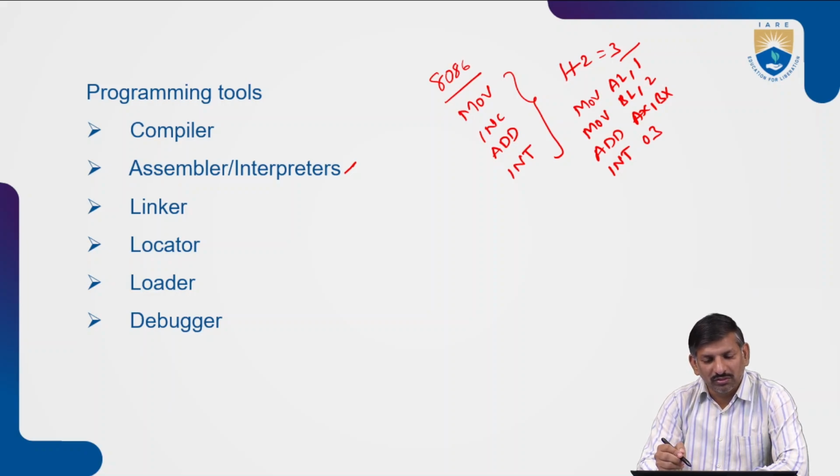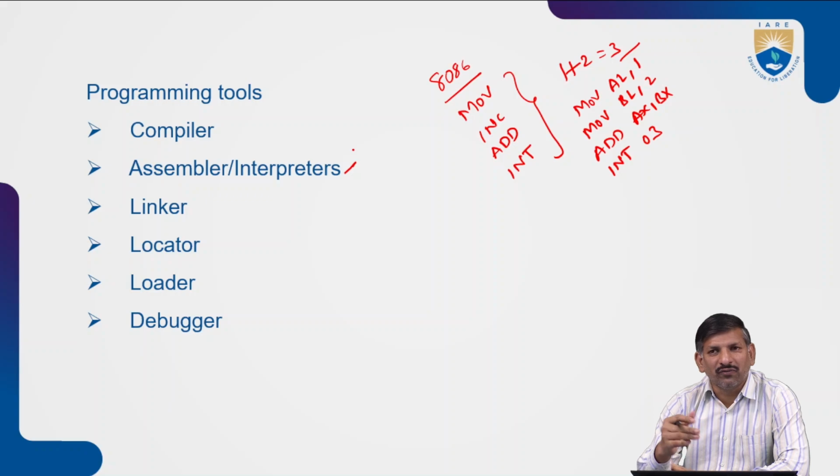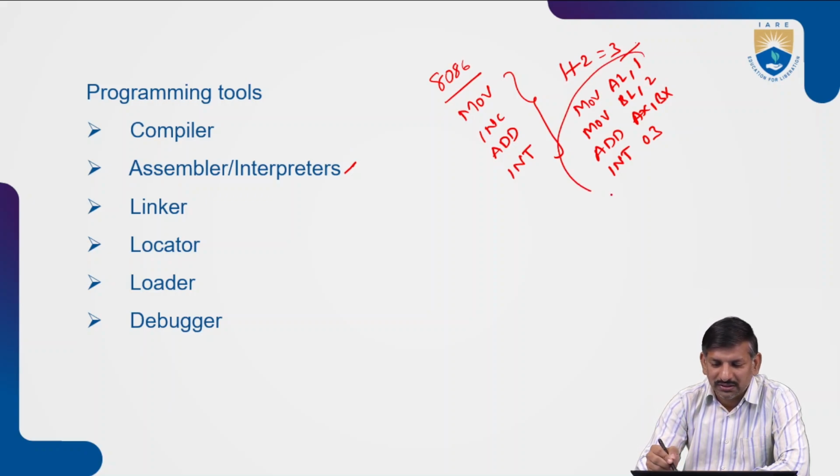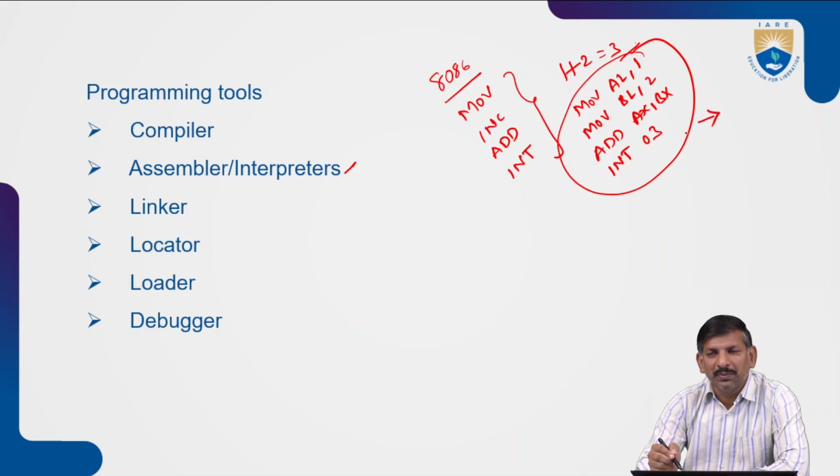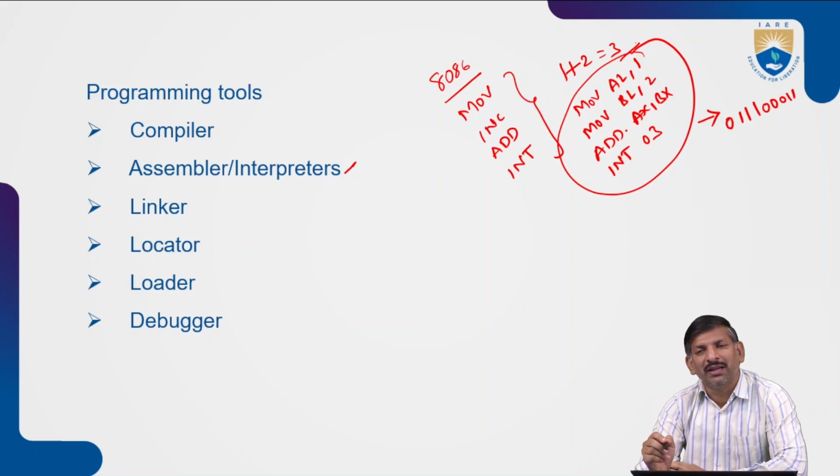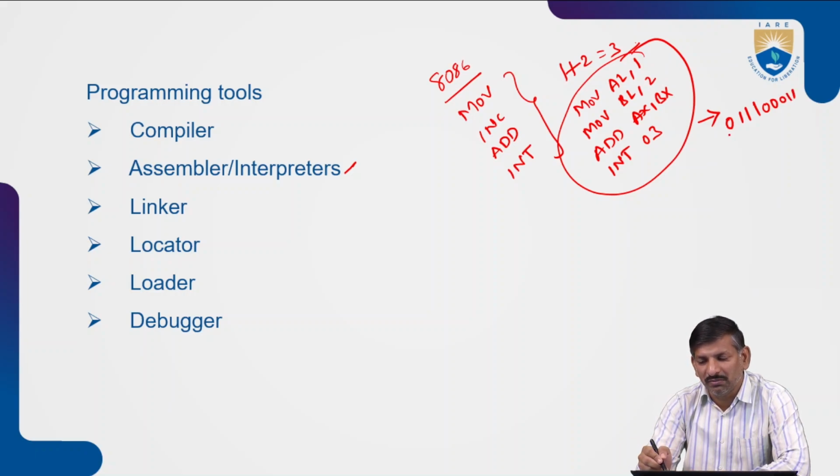Here the assembler is a software tool that converts this assembly language into machine understandable language, like 0, 1, 1, 1, 0, 0, 0, whatever the corresponding binary number may be. This 0 means logic low and 1 means logic high.